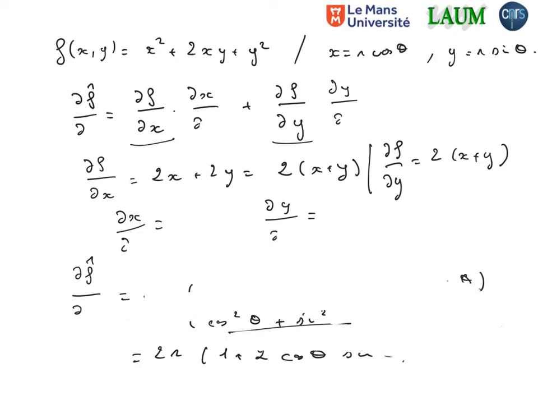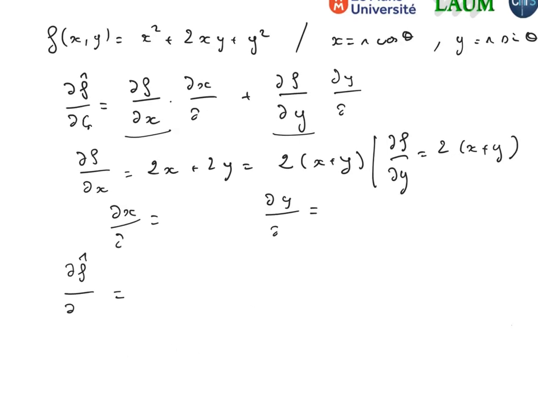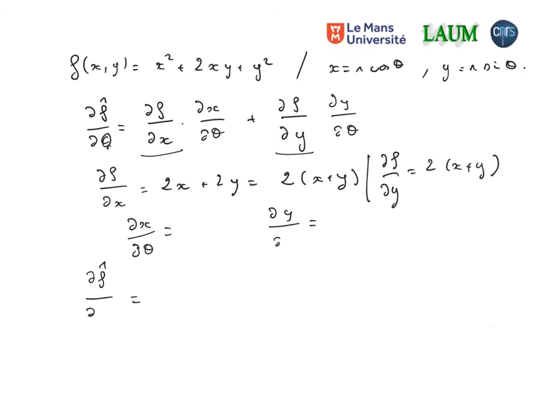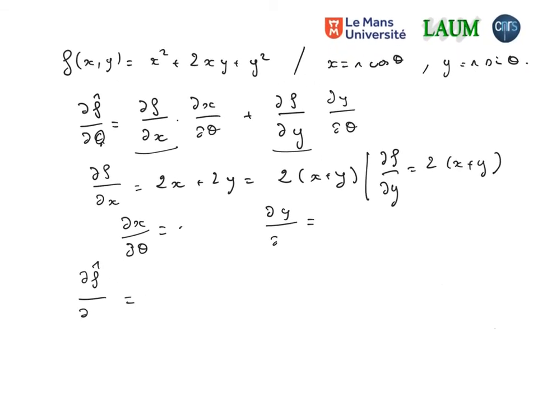So dx over d theta is minus r sine theta, and dy over d theta is r cosine of theta, and then df over d theta is 2r times cosine theta plus sine theta.